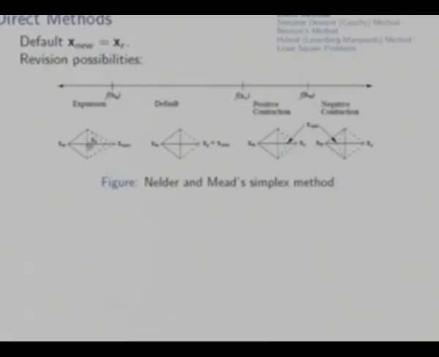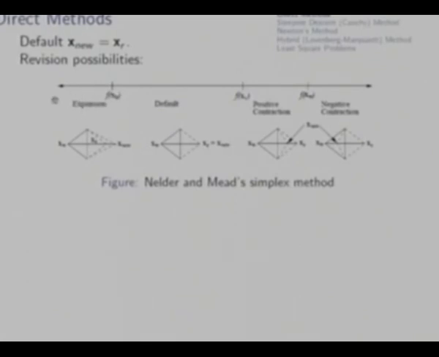So, in that case, we may decide not to stop at this point itself, but to go further. That means we will expand the simplex, not keeping it of the same size, and go here. This is x new. So, if the function value at xr turns out to be lower than the function value at x best, then we consider an expansion of the simplex.